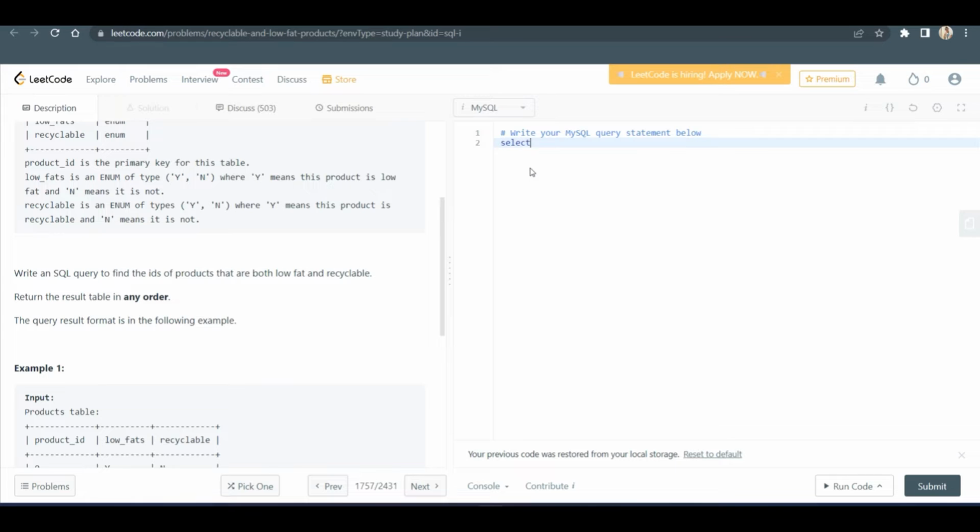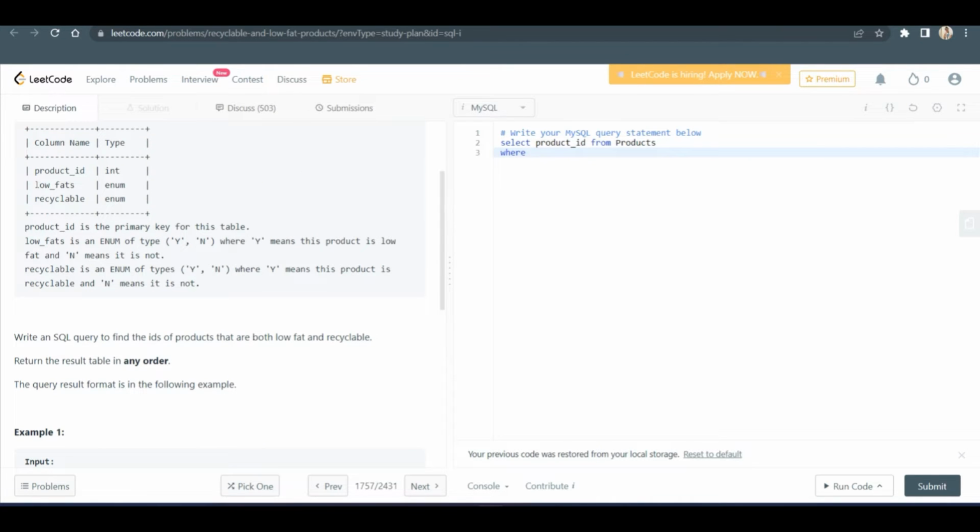So let's see, select product ID from products table where low fats is equal to yes, that is it should be low fat, and also it should be recyclable which is also should be y, that is yes, and they have put the condition that are both low fat and recyclable, so we have put here and clause.